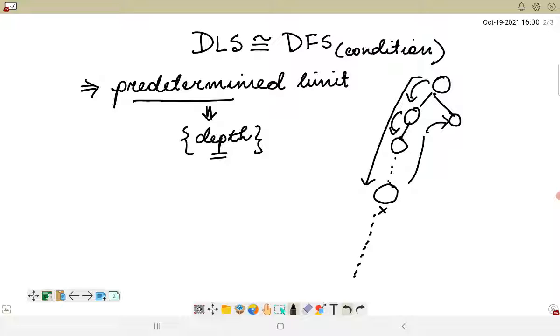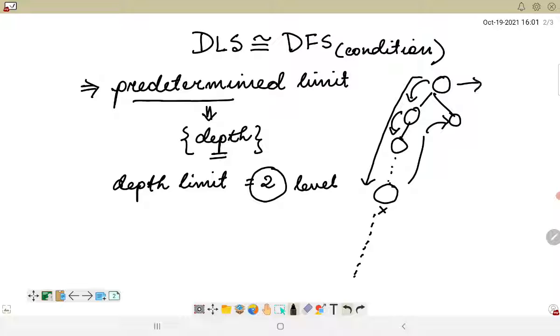That means if I'm considering this depth limit, let us consider that the depth limit associated with the DFS is equal to 2. That means up till level 2 only the search will be possible. So let's consider this as level 0, this might be level 1 and this will be level 2.